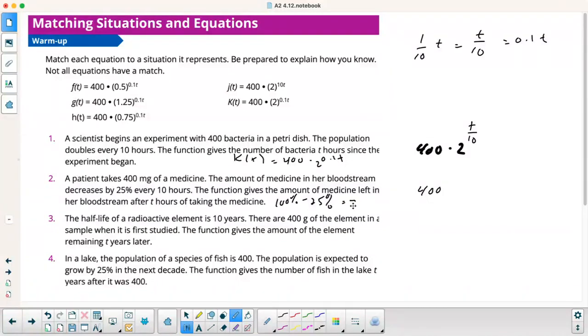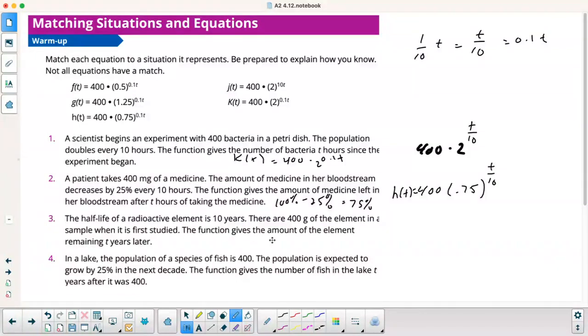That's where I get the 75% remaining. So it's going to be times 0.75, and it's every 10 hours, so it's t over 10. So that's this one, the h of t. And again, t over 10 is the same as 0.1 t.